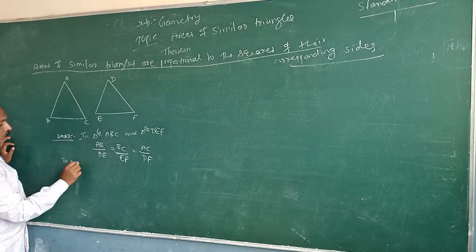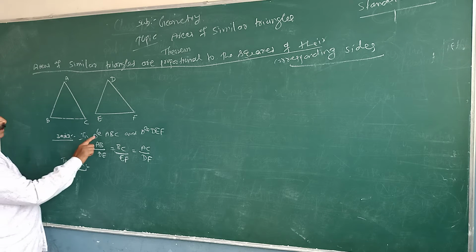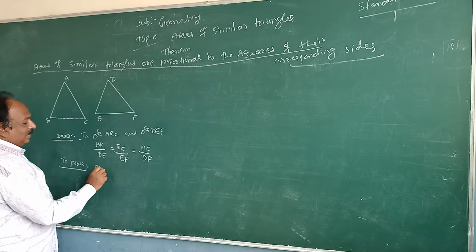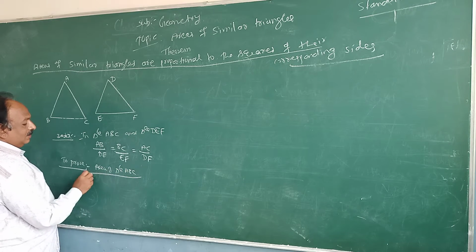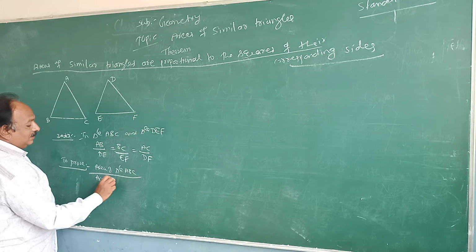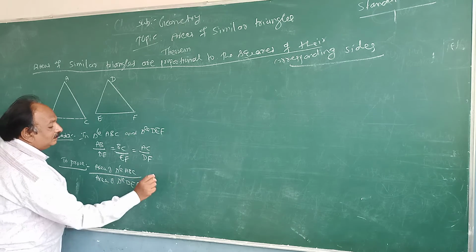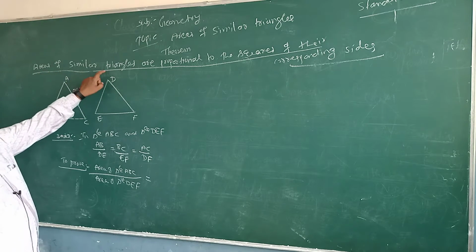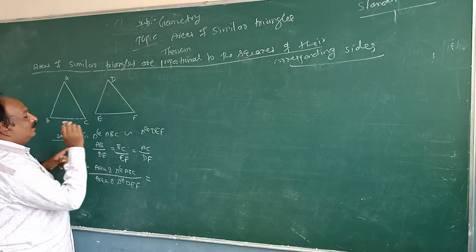We have to prove that, put the area for this. Area of triangle ABC divided by area of triangle DEF, that is areas of similar triangles. These are all similar triangles.